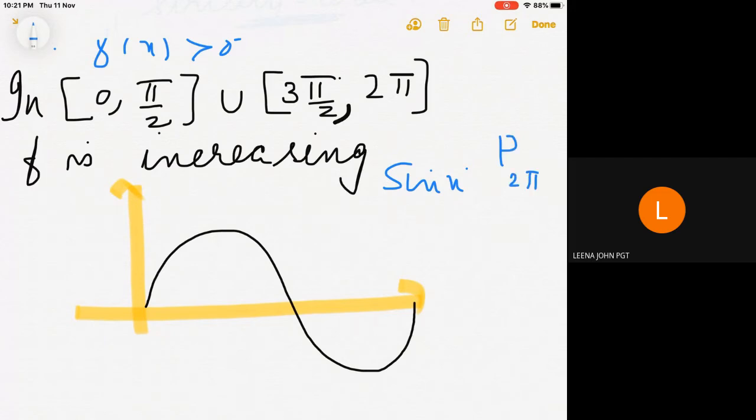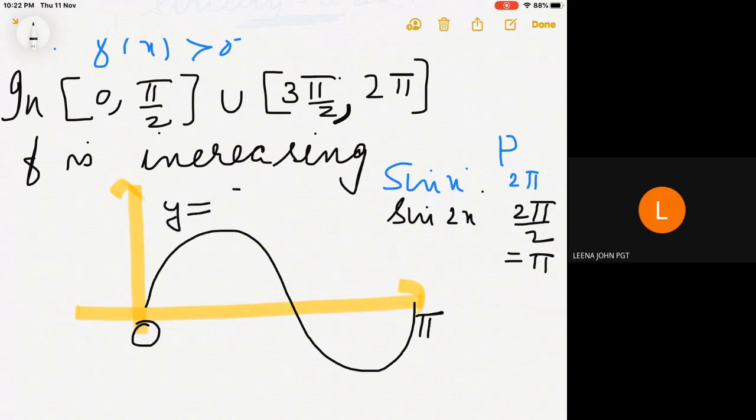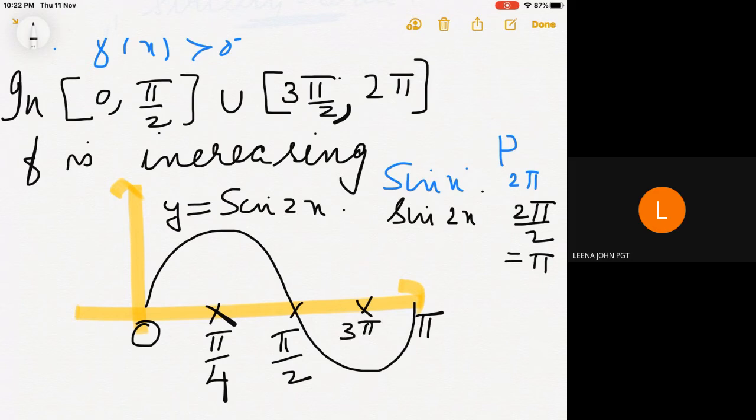Now, if x is multiplied with 2, that is sine 2x, this period will be divided by 2. So the period here is pi. That means this will be from 0 to pi. This is for y equal to sine 2x. After that you can decide this point is just half of that, pi by 2. Again take half of that, you will get pi by 4, and here it is 3 pi by 4.